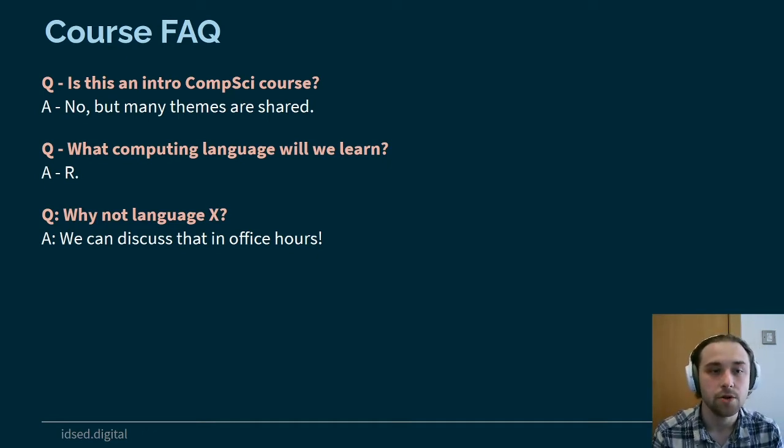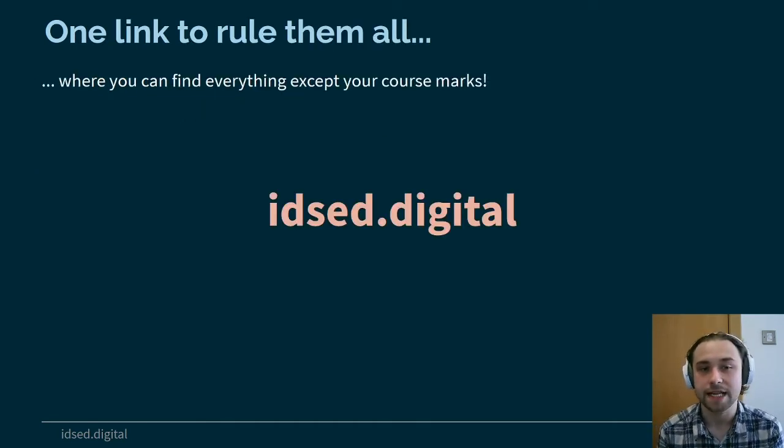Okay, so the most important slide in this presentation is the next one, which is this link, IDS Ed, that's Intro to Data Science Edinburgh, .digital. It's one of the new domain names that you can have that isn't .com or .uk or anything like that.